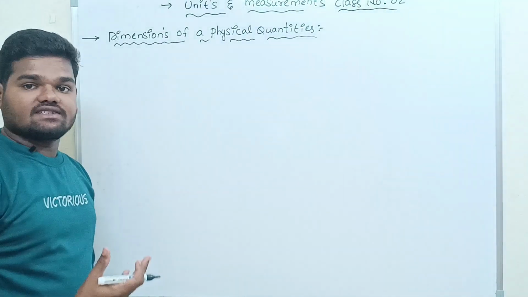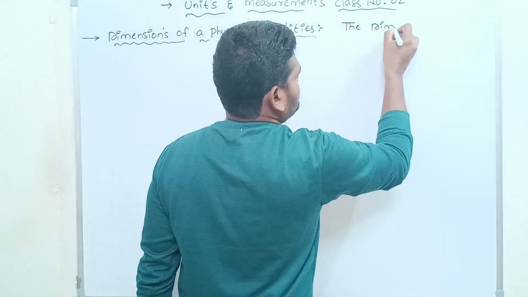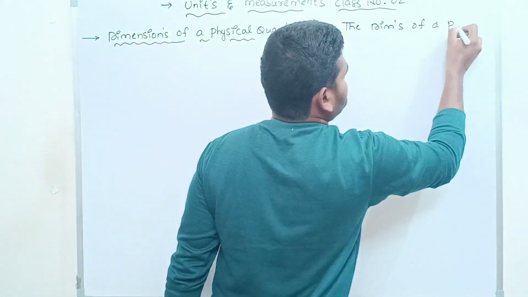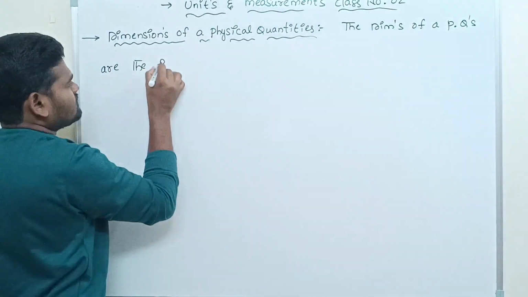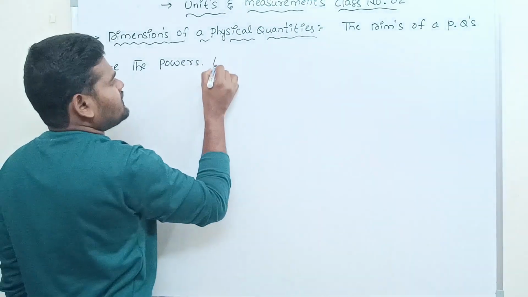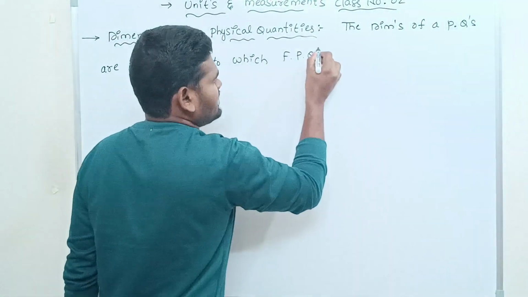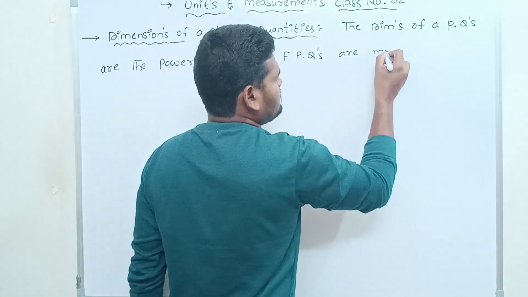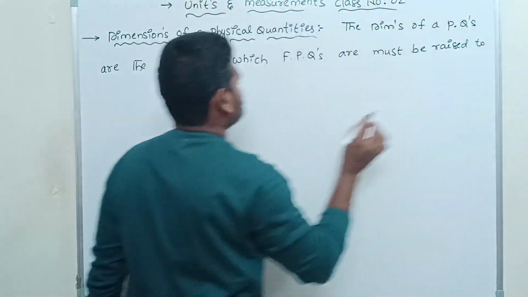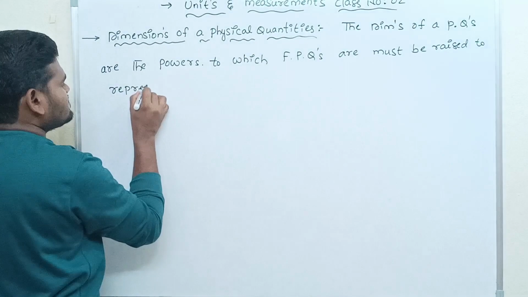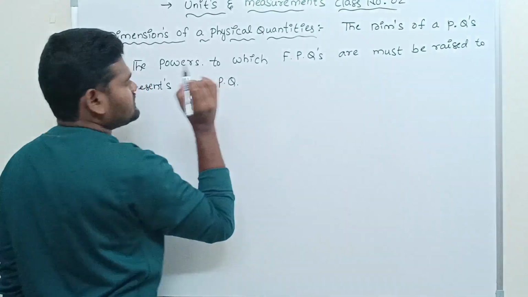So what is the meaning of dimensions of a physical quantities? That means the dimensions of a physical quantity are the powers to which fundamental physical quantities must be raised to represent that physical quantity.